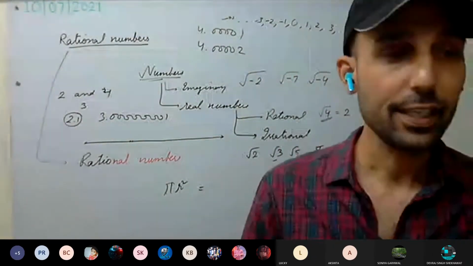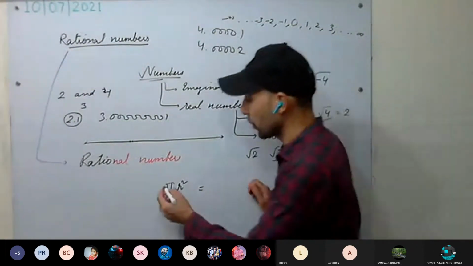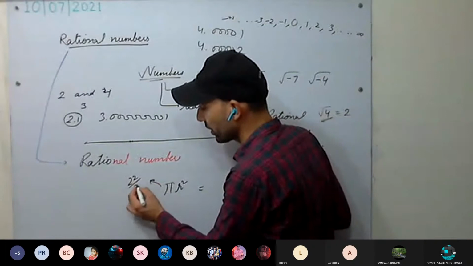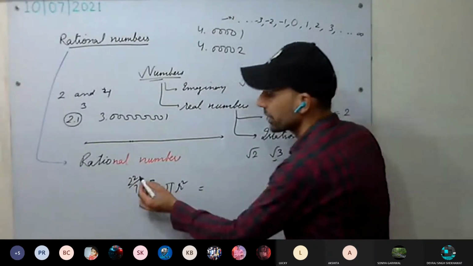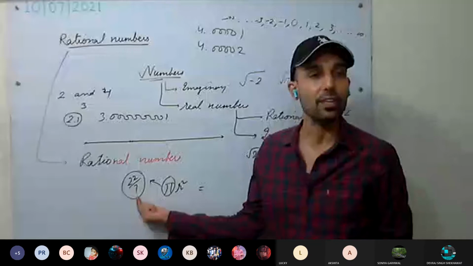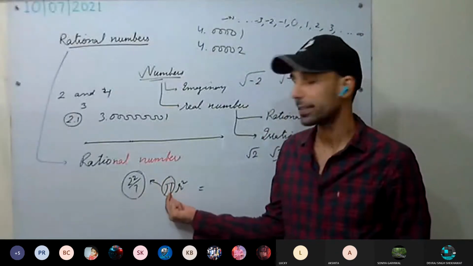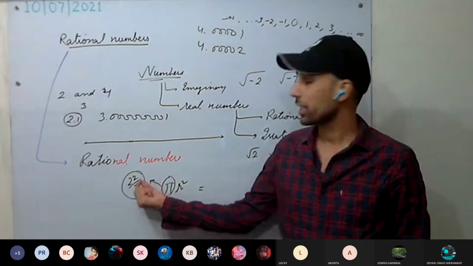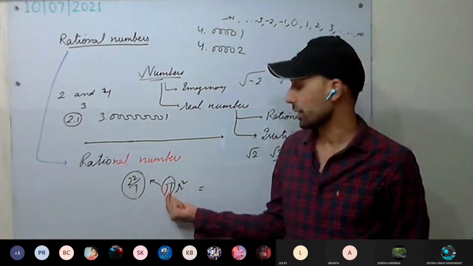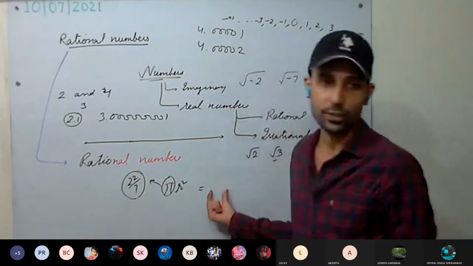When we use pi in calculations, what value do we take? 22/7, yes or no? This is a rational number, but pi is an irrational number. But still we take the value of pi as 22/7. Why? It is the nearest rational number to the irrational number pi. That's why our answer is also rational.